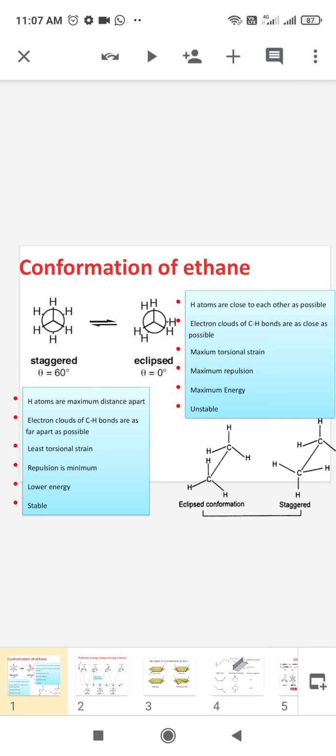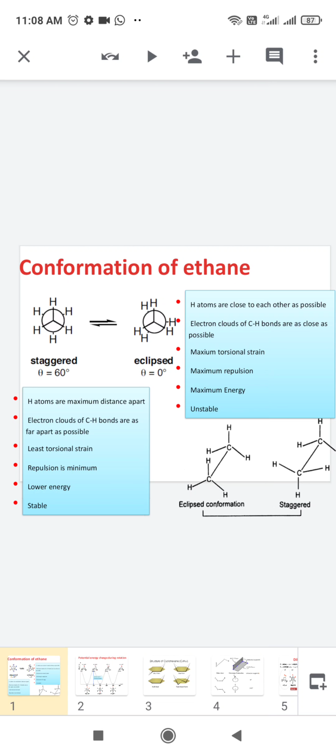Now, the staggered conformation is the most stable conformation of ethane, in which the hydrogen atoms are at maximum distance apart, and the electron clouds of the C-H bonds are as far apart as possible. And here there is the least torsion strain.